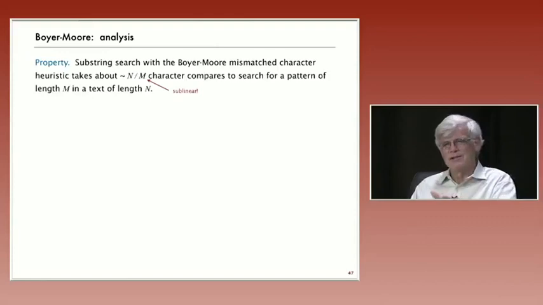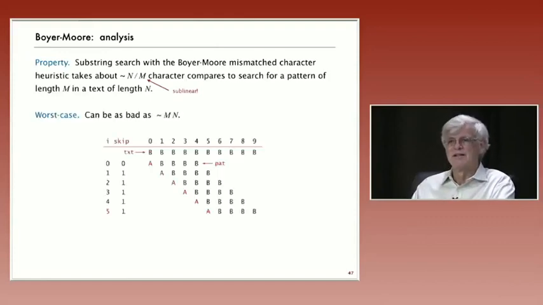That's kind of amazing. Now, there's a caveat there because there is a worst case that could be as bad as the brute force. This is just an example of the worst case where you go from right to left and always get to the first character before finding the mismatch, and you can't do anything better than move over one.